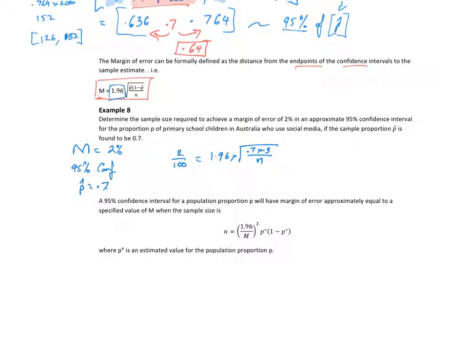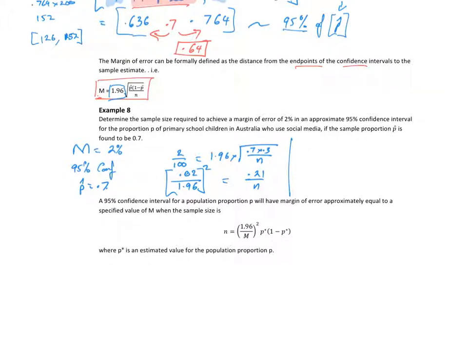Yeah? So if we transpose, 0.02 over 1.96, I'm then going to square that. That'll equal 0.21 over n. So let's work that out.